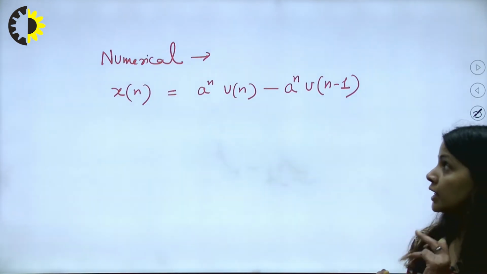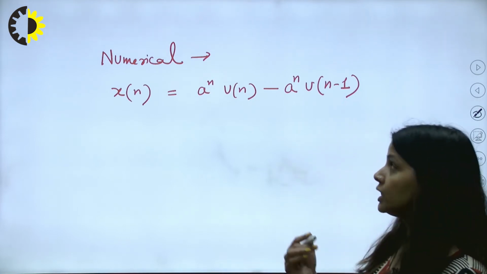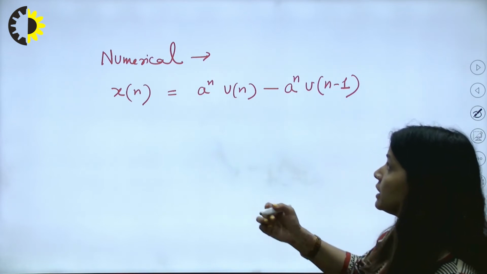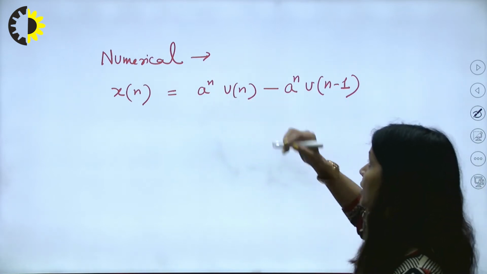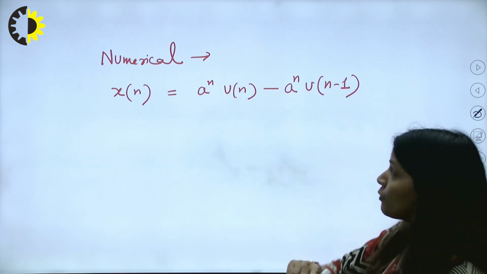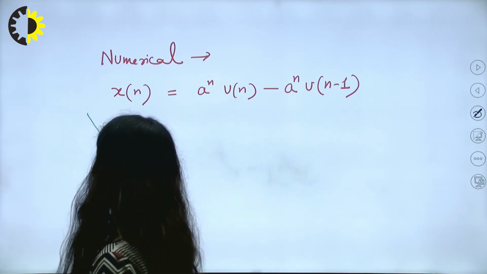To understand this concept in more detail, we will take a numerical: x[n] equals a raised to the power n u[n] minus a raised to the power n u[n minus 1]. Let us calculate the Z transform for this.